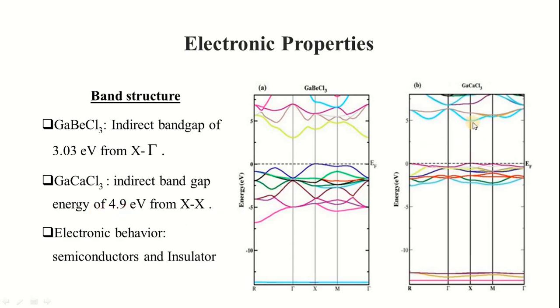So the electronic behavior of our first compound GaBeCl3, gallium beryllium trichloride, is semiconductor in nature, because the energy band gap is 3.03 electron volt. But for gallium calcium trichloride, our band gap is 4.9 electron volt, which is insulator in nature or somehow dielectric in nature.